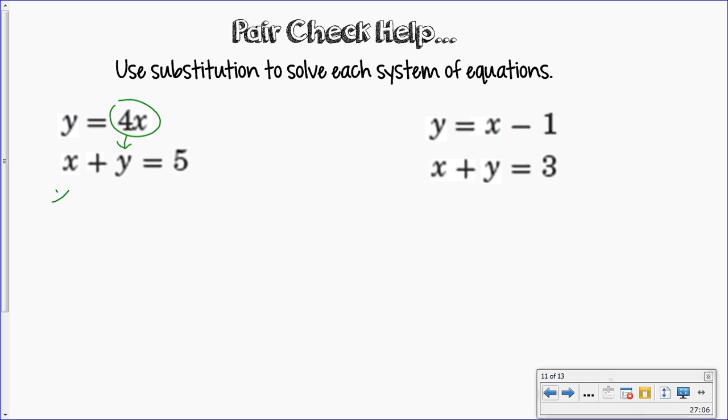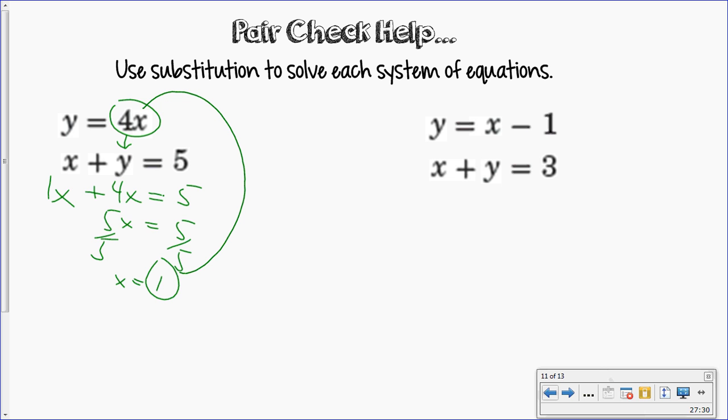Rewrite the second equation as x plus... Combine like terms. 5x equals 5, then what? x equals 1. I'll take that 1 and do what? Sub it back into the x, so you can find what? Try the x, which is 1. So y equals what? 4. Very good.